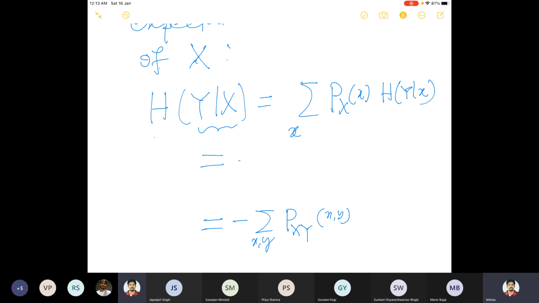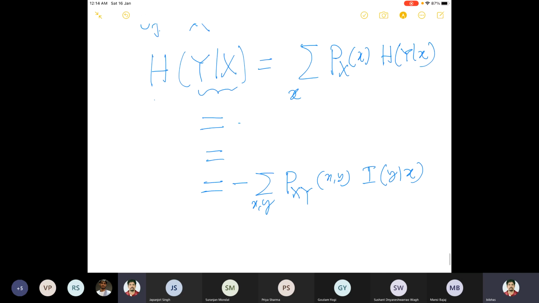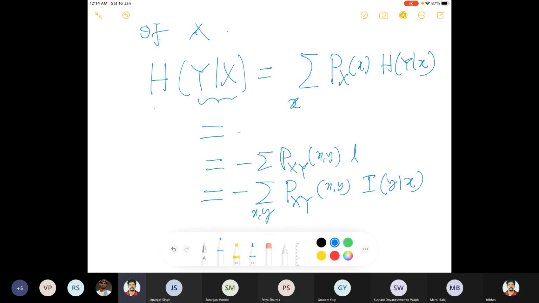And we said I of Y given X. This is what we had defined. So then I have to write something else here. So this has to be this: P(x,y), and this must be the log of, oh, the minus will not be here.